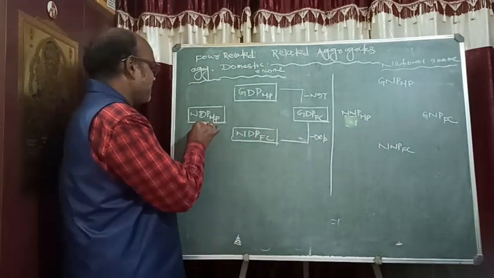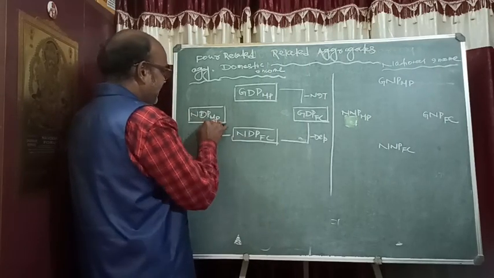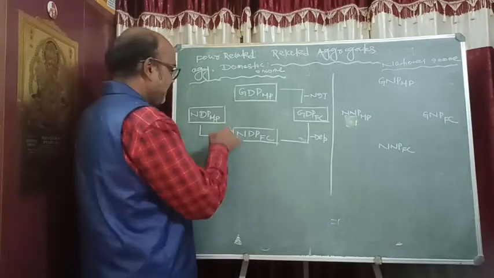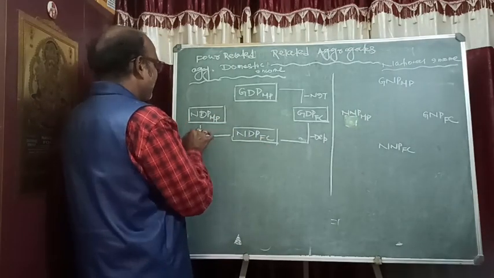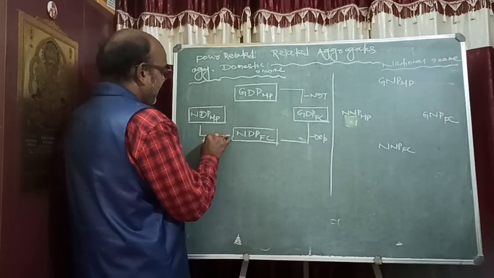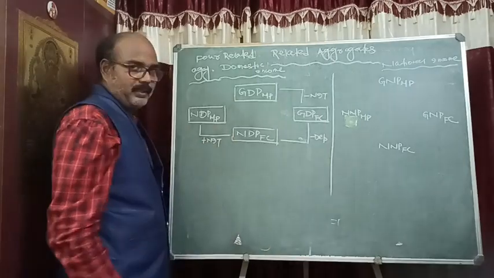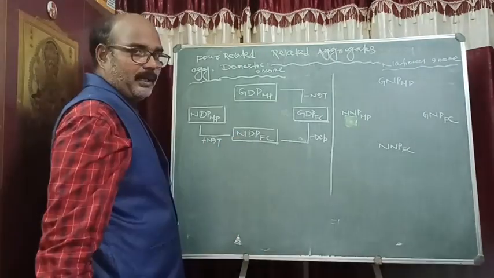From NDP-FC, suppose you want NDP-MP, N, D, P all remain the same. Market price is required, factor cost is given. So you can add NIT, net indirect tax, with NDP-FC, so that you will get NDP-MP.